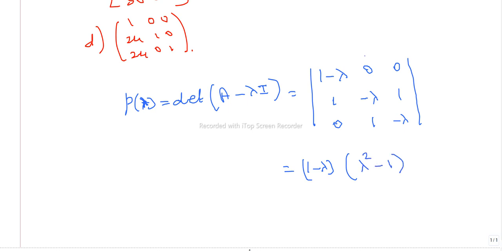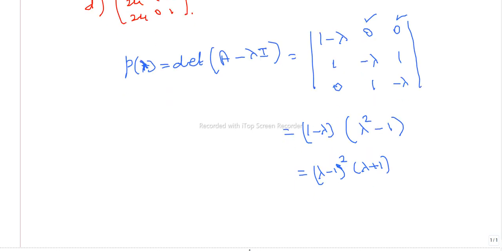So we get lambda minus 1; you can adjust with the constant, that is not an issue. We can simply write lambda minus 1 whole square, because lambda square minus 1 is lambda plus 1 into lambda minus 1. So this is lambda minus 1 whole square into lambda plus 1. We can adjust the minus sign, that is not an issue. This is actually P of lambda.